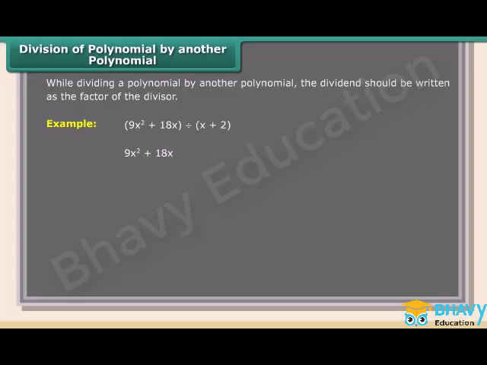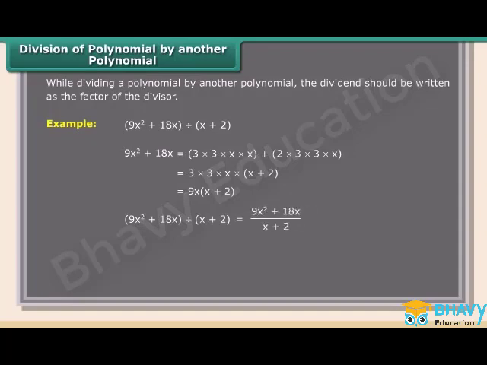9x square plus 18x is equal to 3 into 3 into x plus 2 into 3 into 3 into x is equal to 3 into 3 into x into x plus 2 is equal to 9x into x plus 2. 9x square plus 18x divided by x plus 2 is equal to 9x square plus 18x upon x plus 2 is equal to 9x into x plus 2 upon x plus 2 is equal to 9x.